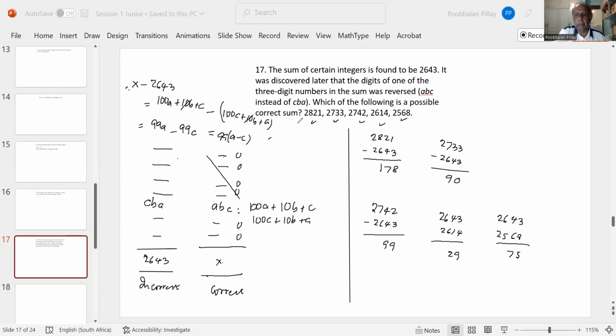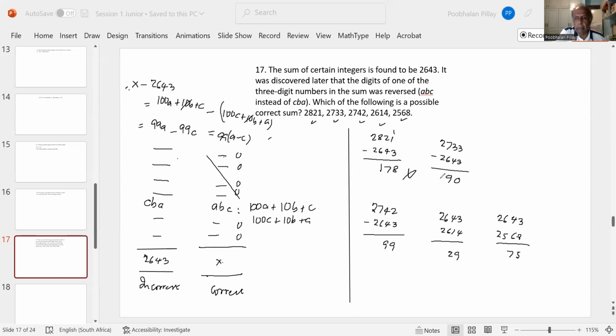So what I did was, I said this is a possible value for x, and you calculate x minus 2643. That's what I've done here. And I try to see whether it's a multiple of 99.